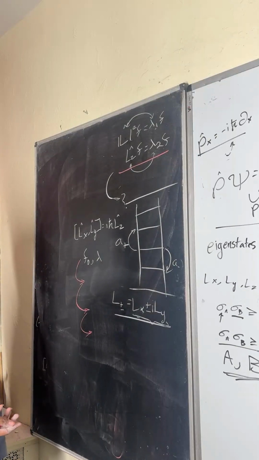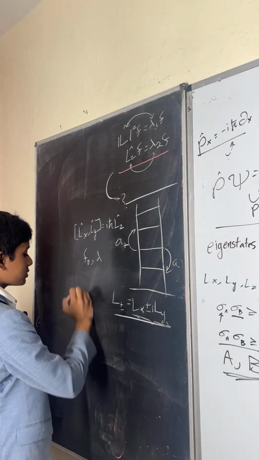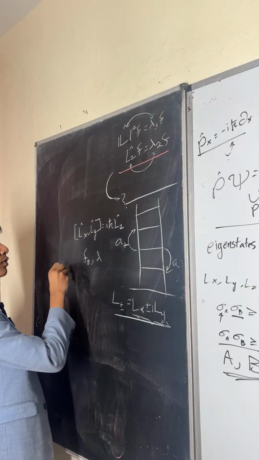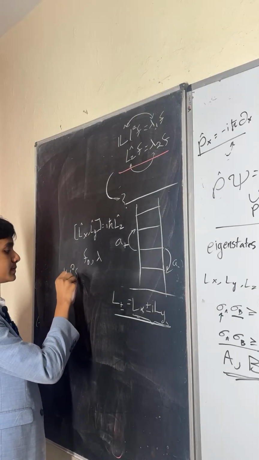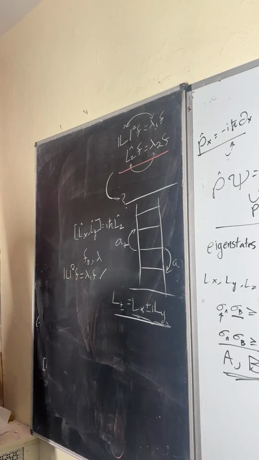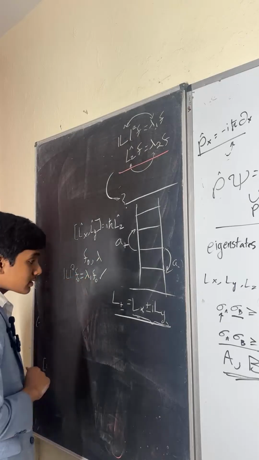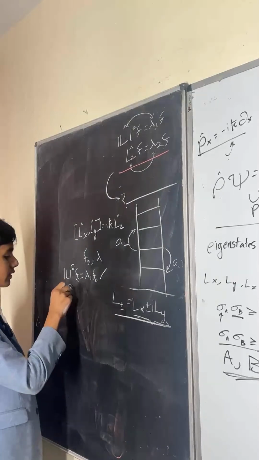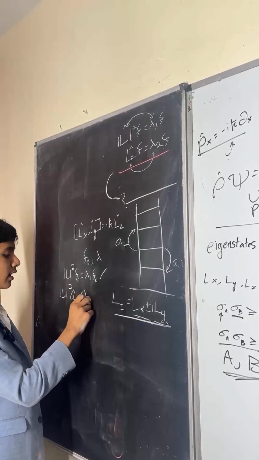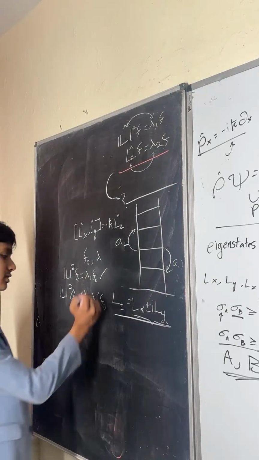So, how do we start? Well, these raising and lowering operators are going to be what helps us construct more solutions. We're going to claim that we know this works for some f naught. I now claim that L squared L plus f naught also works for a different eigenvalue. It doesn't necessarily have to be different, actually.